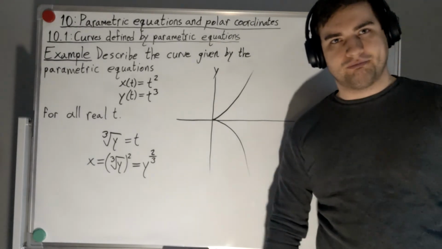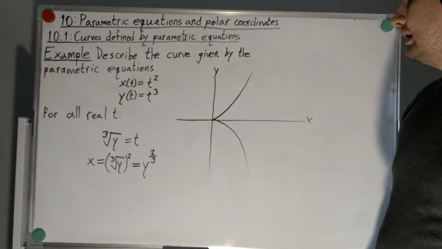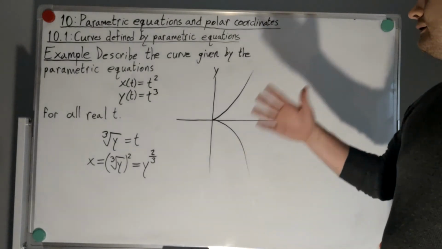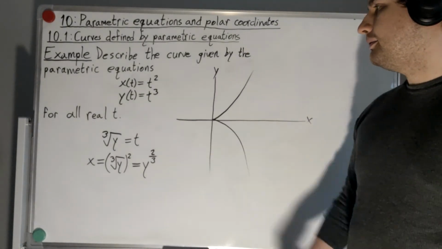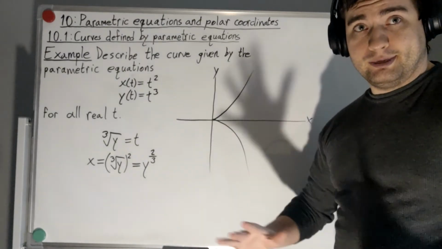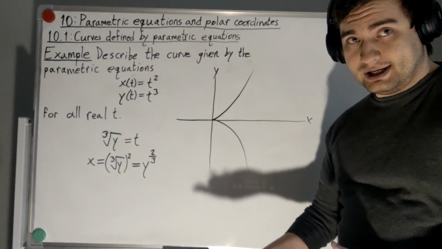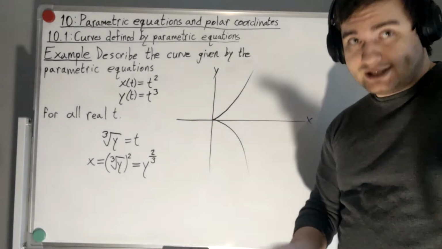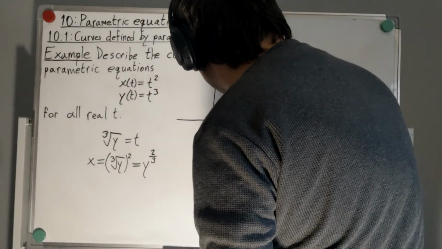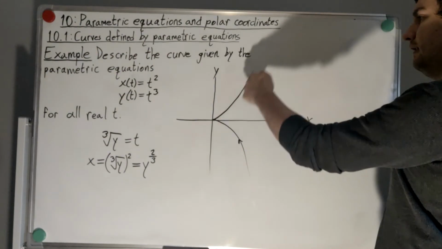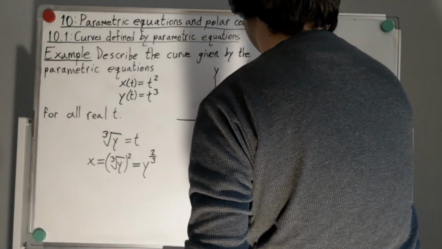A bit bizarre, but that is how it looks. And now as t increases from negative to positive, y is increasing from negative to positive, because t cubed has the same sign as t. So that means that this curve is being traversed this way. Goes up and continues to go up.